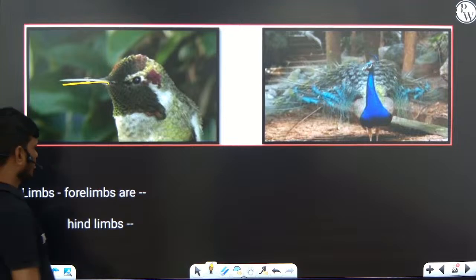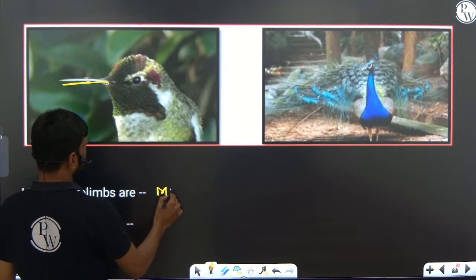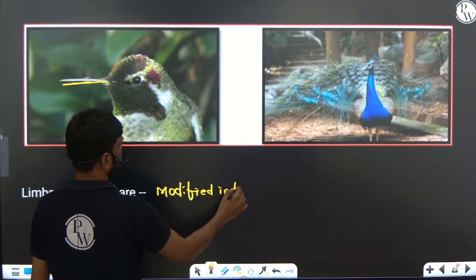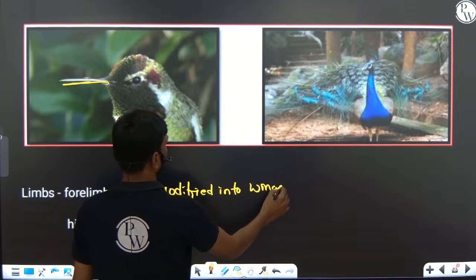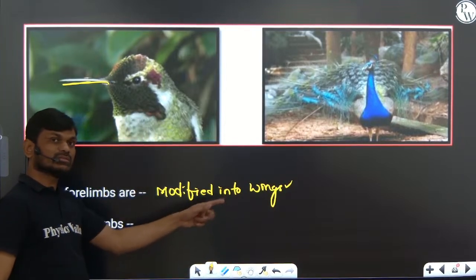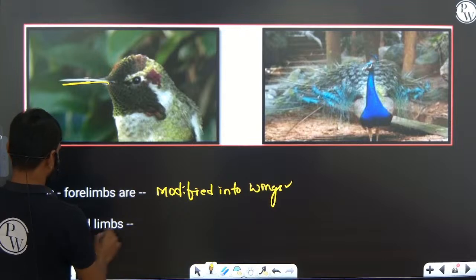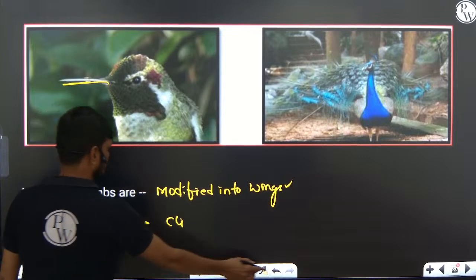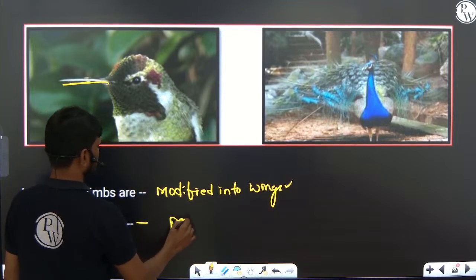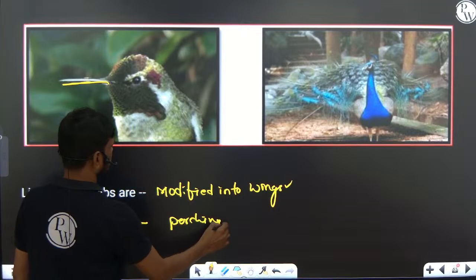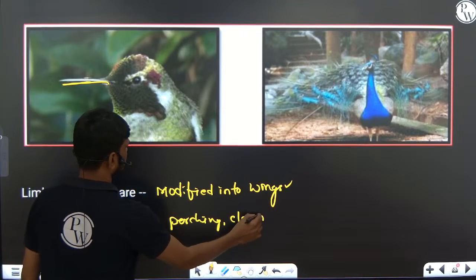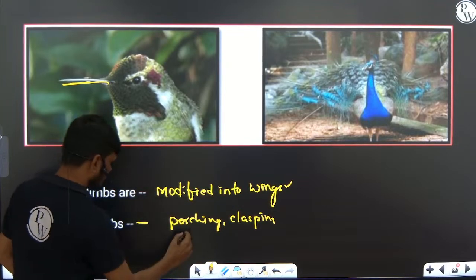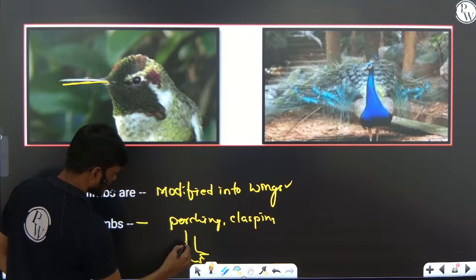Limbs are present. Forelimbs are modified into wings, which help in flight. But hind limbs are modified for climbing, perching, clasping, meaning holding tree branches, and also for swimming, walking, running. These hind limbs also contain scales.